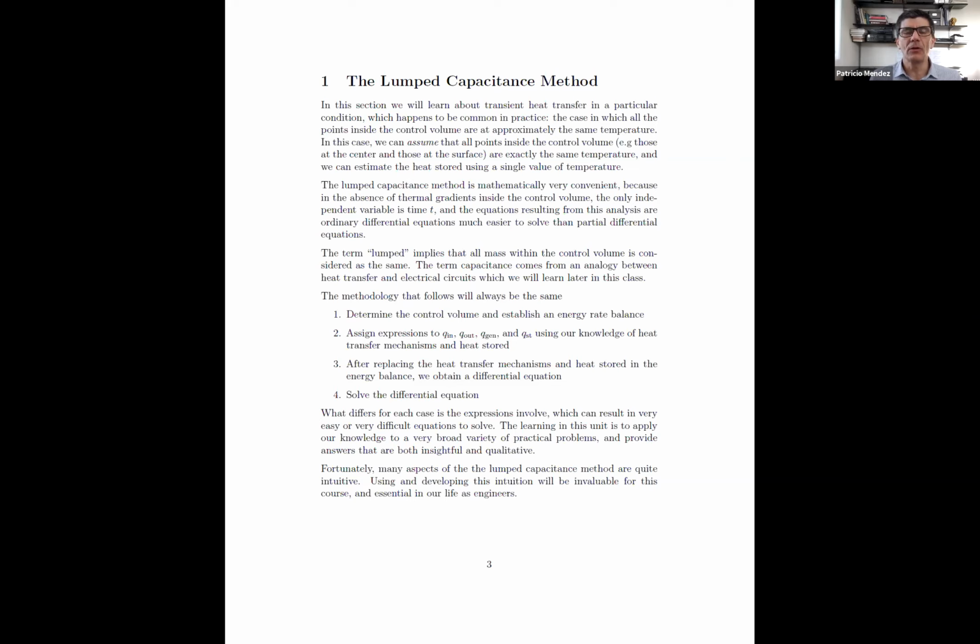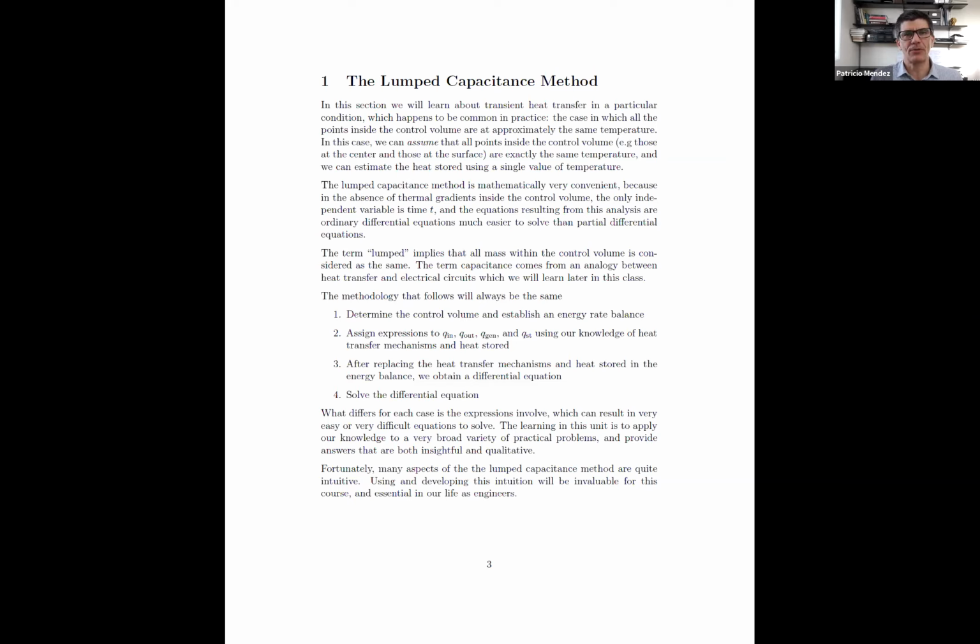So of all the heat transfer mechanisms we have seen so far, radiation, convection, and contact are all mechanisms that happen through an outer surface, A_S. Conduction, which we also studied, is something that happens inside through a cross-sectional area, A_C.